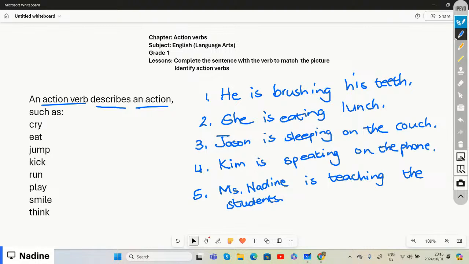The first one says, he is brushing his teeth. The second one says, she is eating lunch. The third one is, Jason is sleeping on the couch or on the sofa.